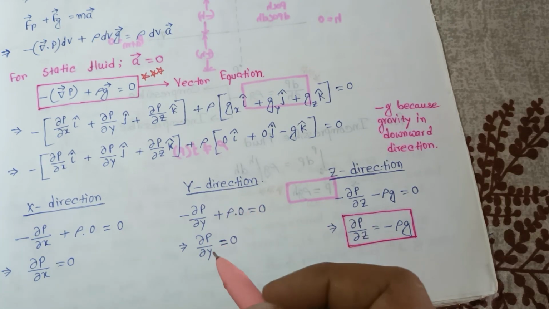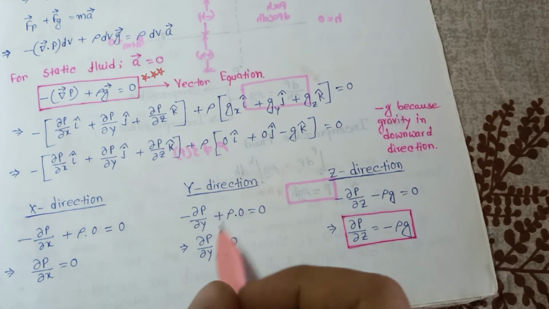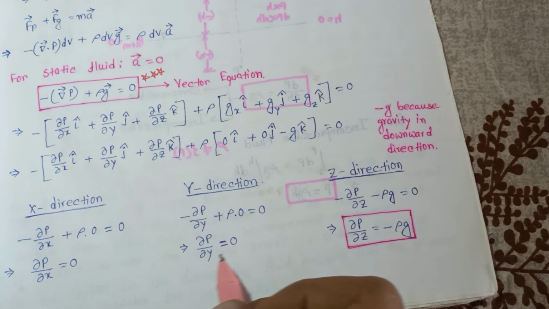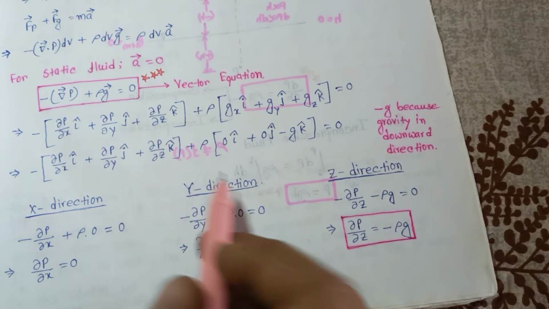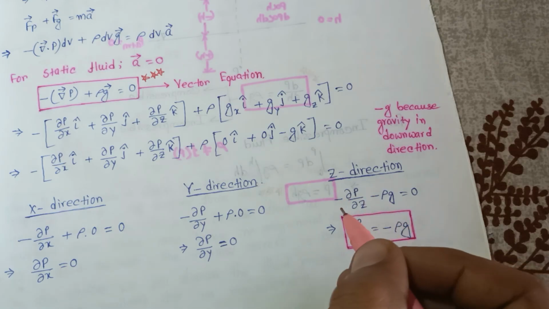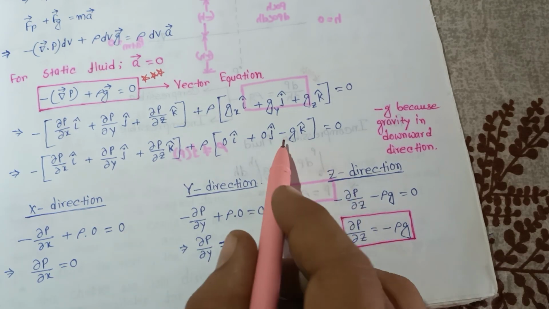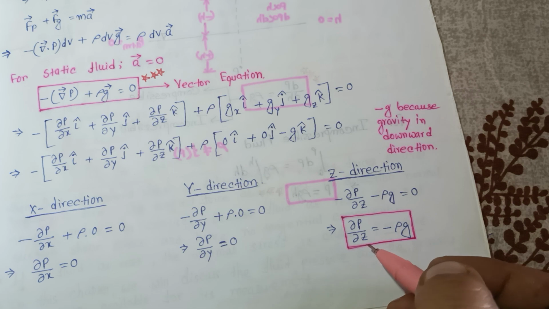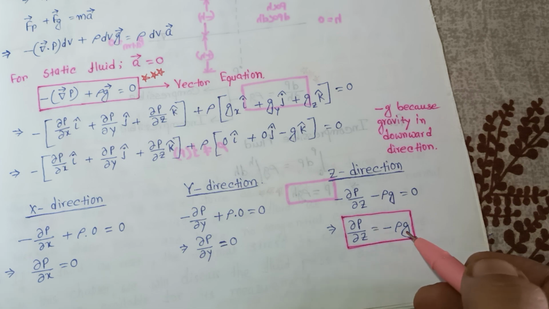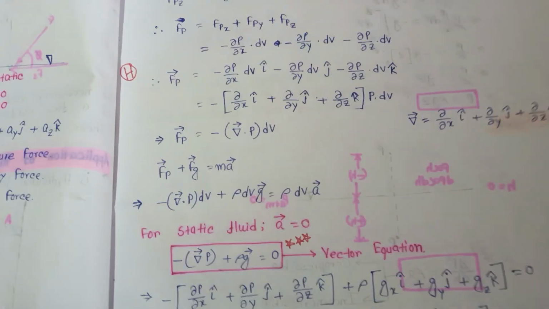For the y direction, del p by del y is equal to 0. For the z direction, minus of del p by del z k cap minus rho g is equal to 0. So del p by del z is equal to minus rho g.